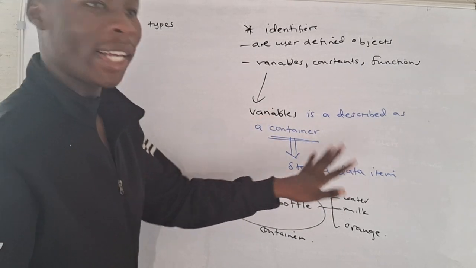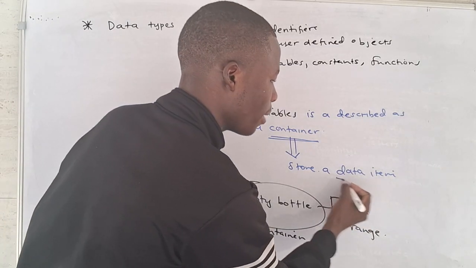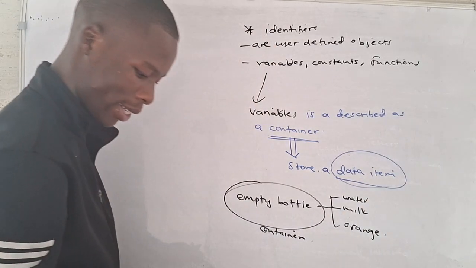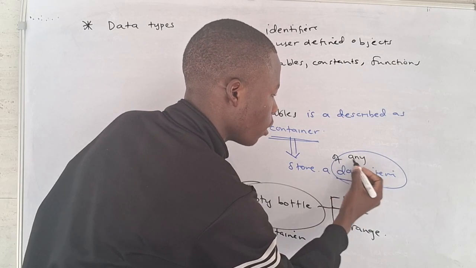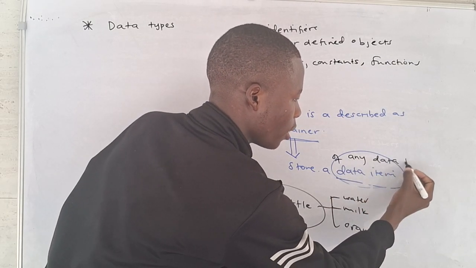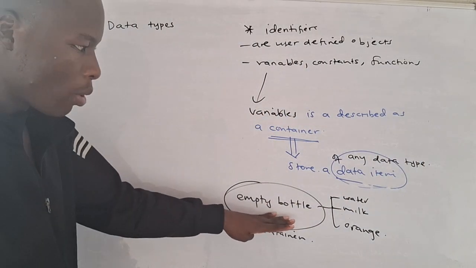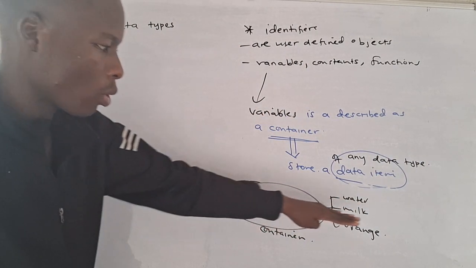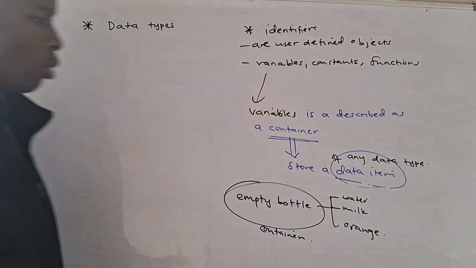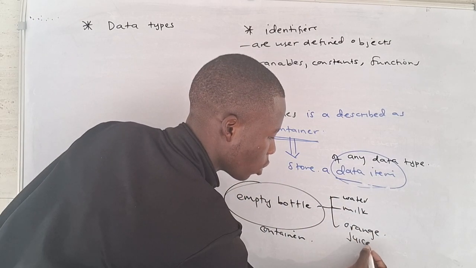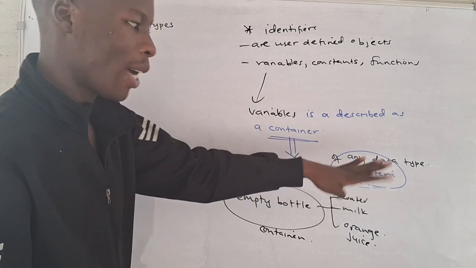It is going to store a data item. This data item can be of any data type. Like here, an empty bottle can store water, the same empty bottle you can store milk, the same empty bottle you can store orange juice. Likewise, in the variable you can store a data item.